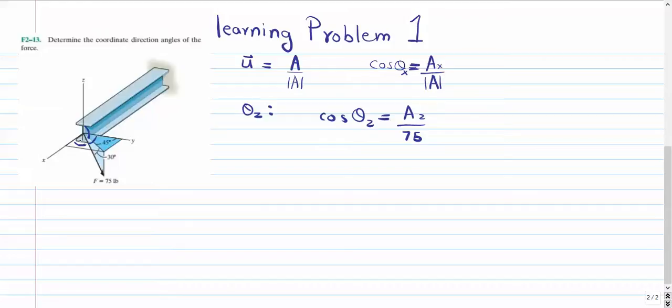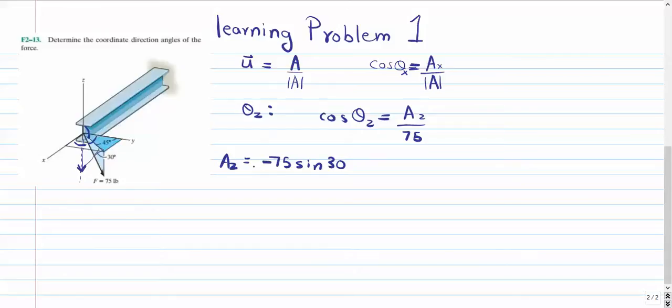We know that this is a right triangle right here. So we can simply do 75 sine of 30 degrees for AZ. But also notice that this component would be directed in the downwards direction. Since this is our triangle, our component would be in the downwards direction. So we have to put a negative sign.